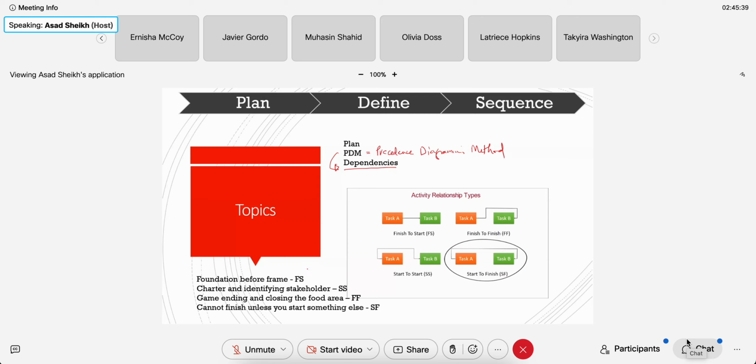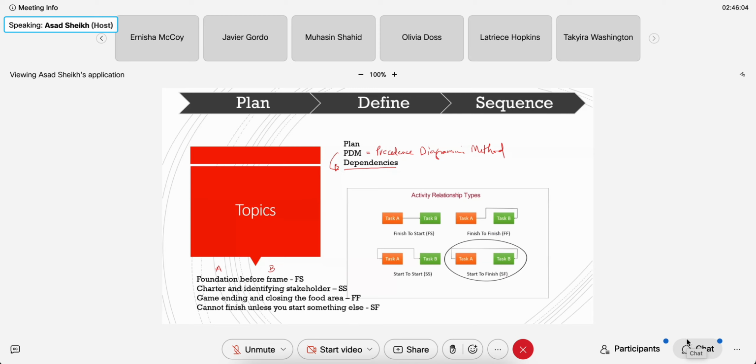But what you've got to understand is what do you mean by this? So finish to start means you've got to finish task A before you can start task B. Makes sense, right? So you've got to finish task A, foundation, before you can start task B, frame, because foundation comes first. That's FS.